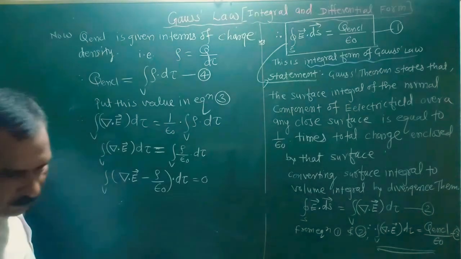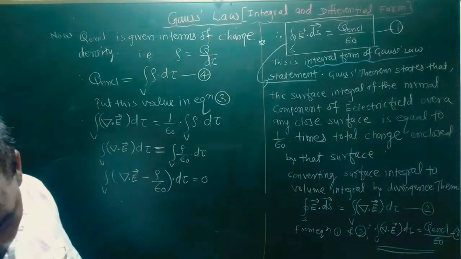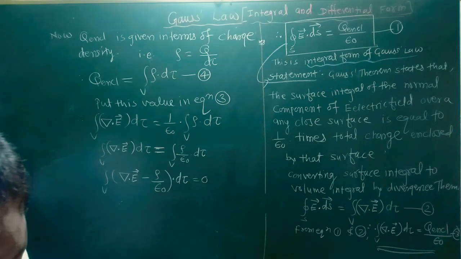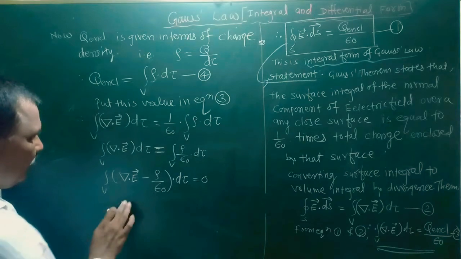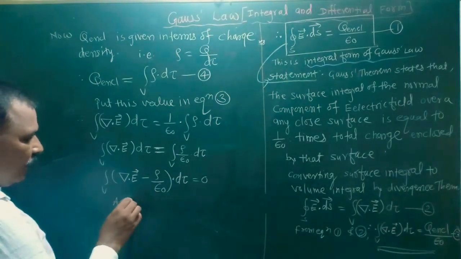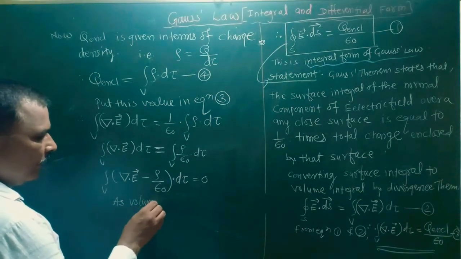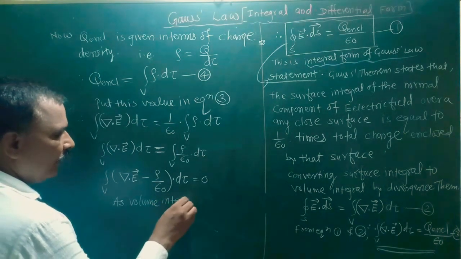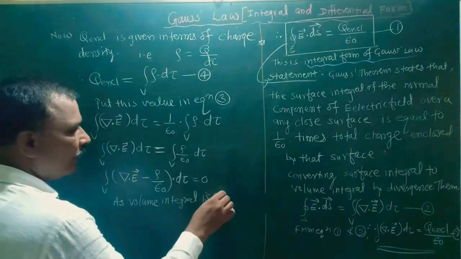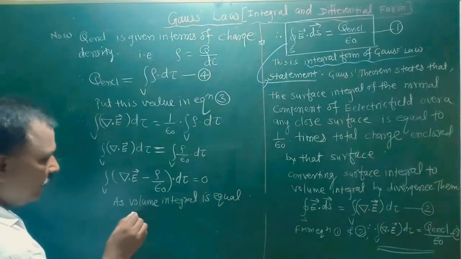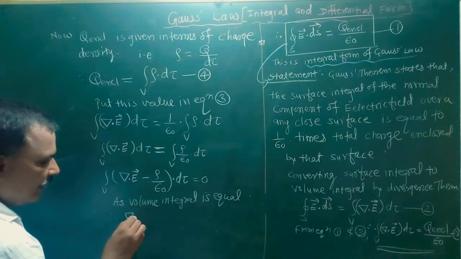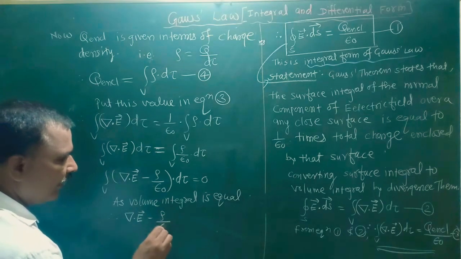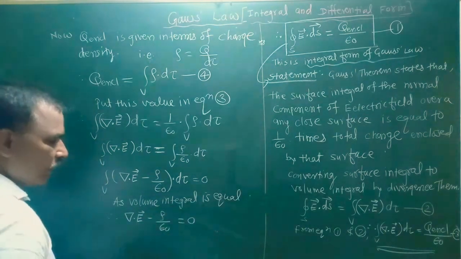Therefore we have to write here: as for any arbitrary surface the volume integral should be equal, and hence we have divergence of E bar minus rho upon epsilon 0 is equal to 0.